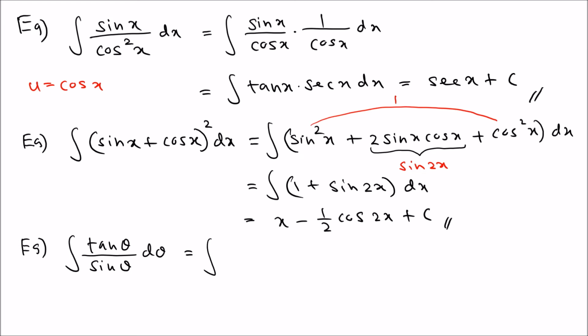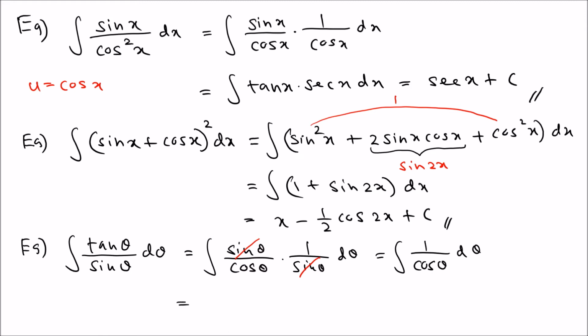We can write tan as sine over cosine, so we have sine theta over cosine theta, that's the tangent theta, and the sine in the bottom. You can see there's a simplification: the sine gets cancelled. So you're going to get 1 over cosine theta, but 1 over cosine theta means secant theta.